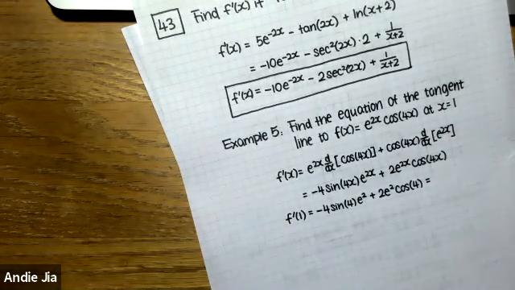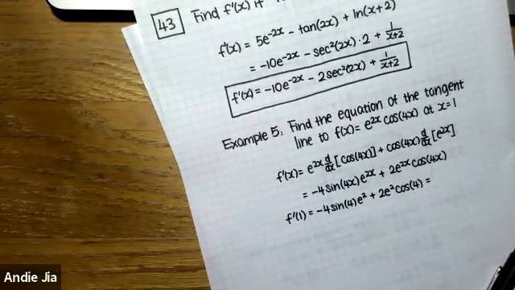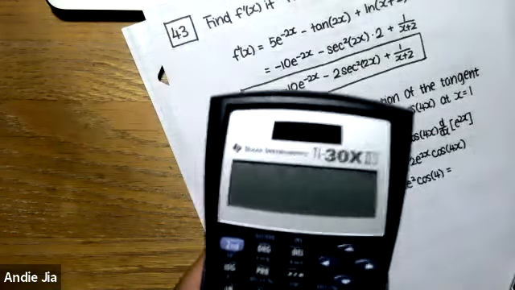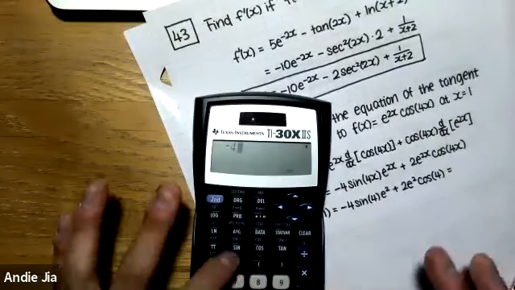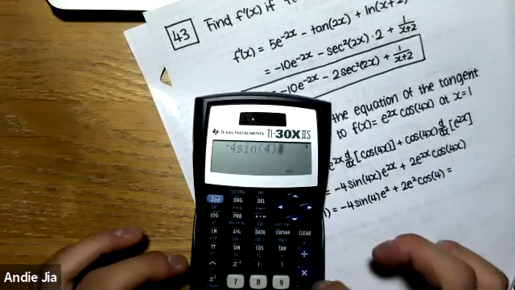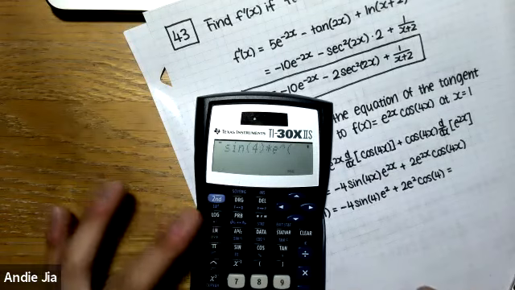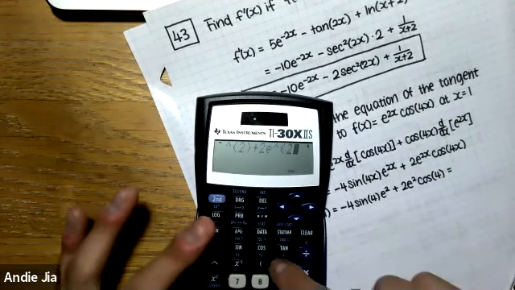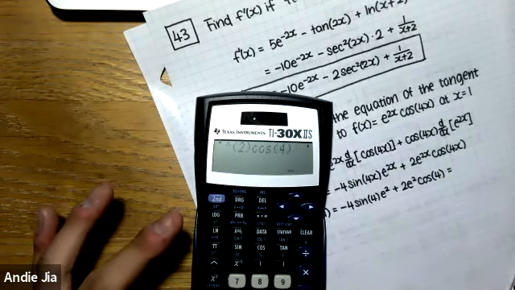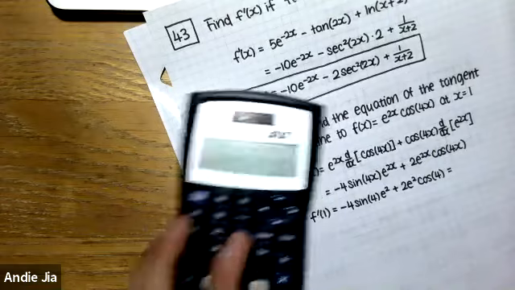We just take an approximation. Here's a calculator: 12.68.